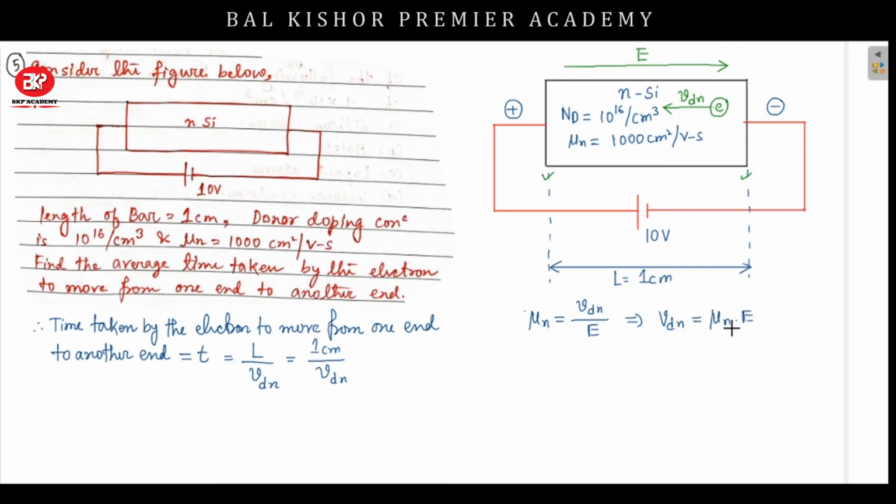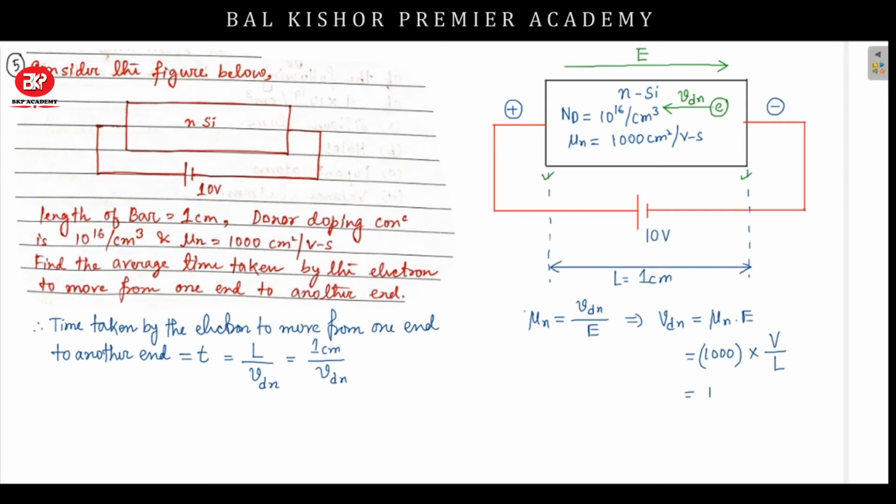So vdn will be equals to mu n into capital E. E is the applied electric field, and mu n value is given as 1000 centimeter square per volt second. And what will be the value of electric field? That is the voltage applied, that is 10 volt divided by the distance of 1 centimeter.